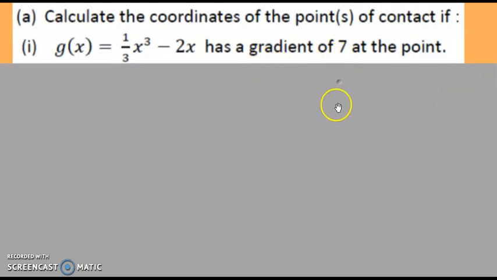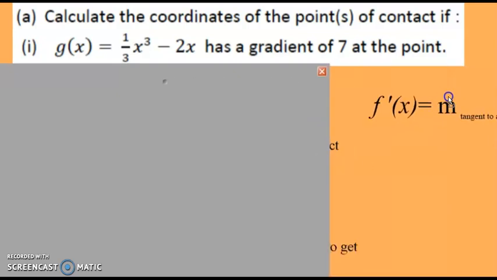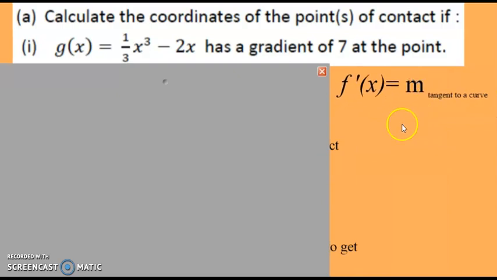So first of all, we need to understand something very specific. When I work with functions, any function, the derivative of the function is equal to the gradient of a tangent to the curve at a specific point.